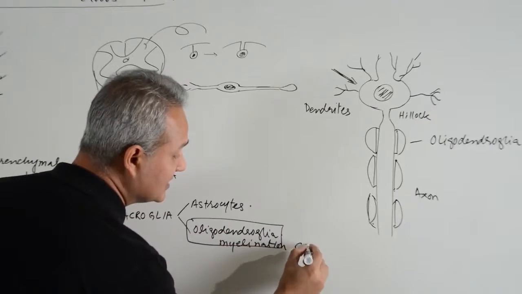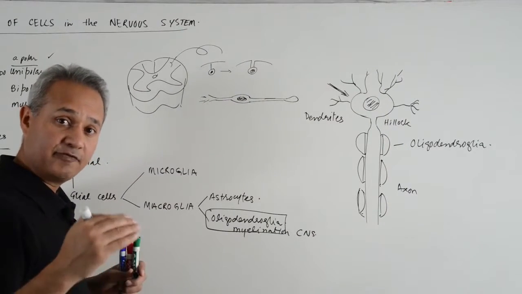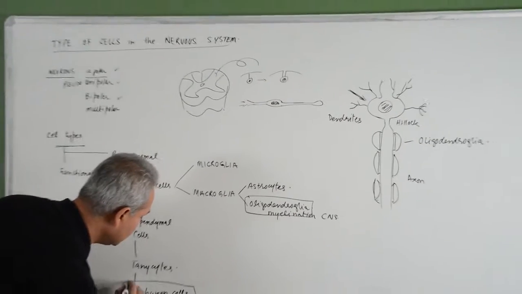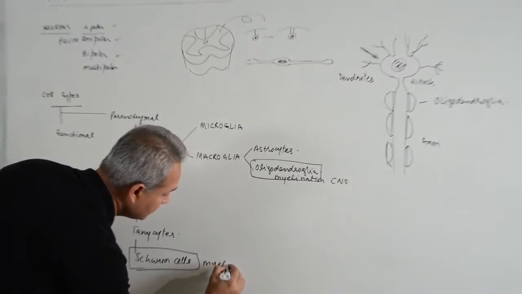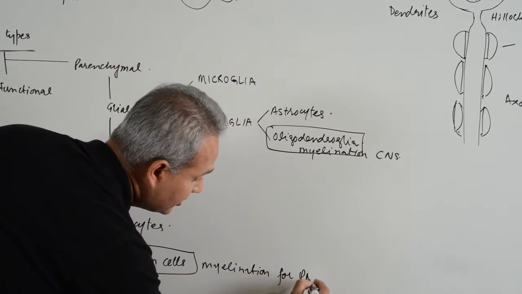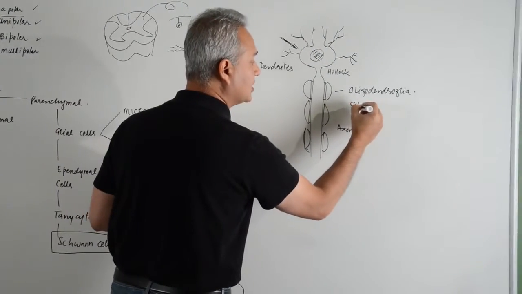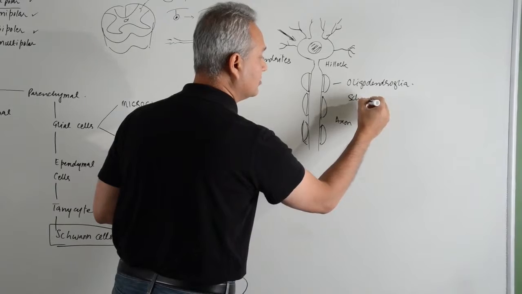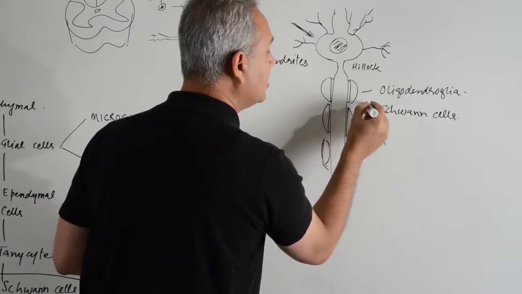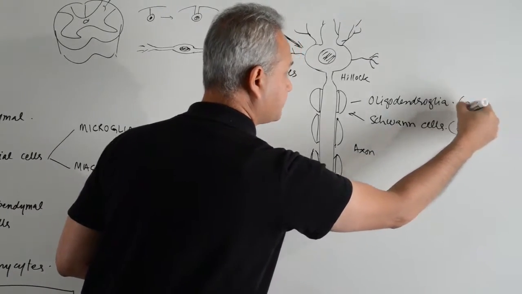Myelination for CNS is oligodendroglia. Myelination for PNS, peripheral nerves, is by Schwann cells. So Schwann cell is the myelination for the peripheral nervous system or PNS. So oligodendroglia or Schwann cells, depending upon PNS or CNS location.